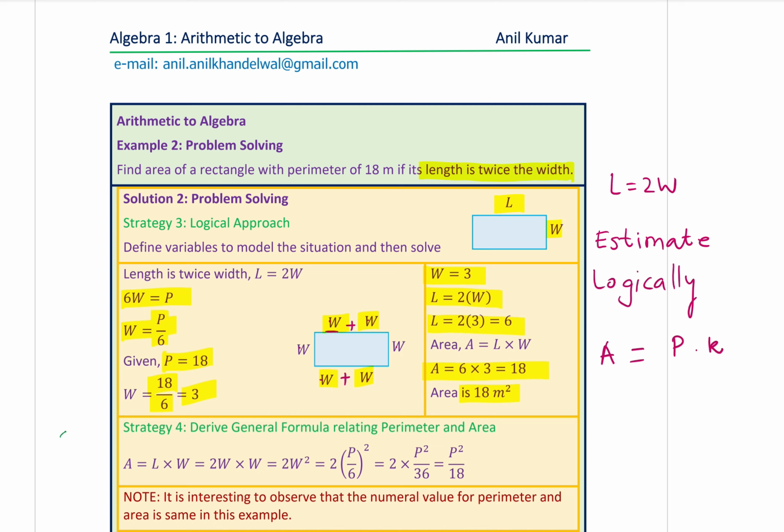So area is related with perimeter in some way. How about finding this relation, right? So relate with a formula. That is going to be the approach, correct? So I'm calling that our strategy number 4. What we do is provide a general solution.